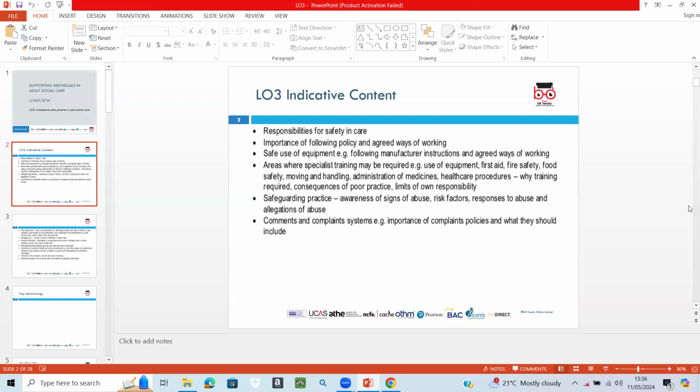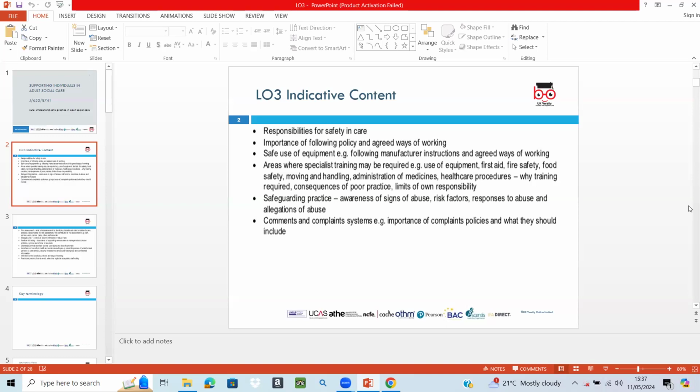Then we have safe use of equipment, for example following manufacturer instructions and agreed ways of working. Then we have areas where specialist training may be required, for example use of equipment, first aid, fire safety, food safety, moving and handling, administration of medicine, and healthcare procedures, and why training is required, consequences of poor practices, and limits of own responsibility.